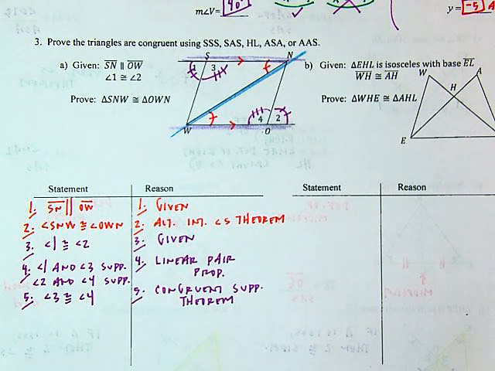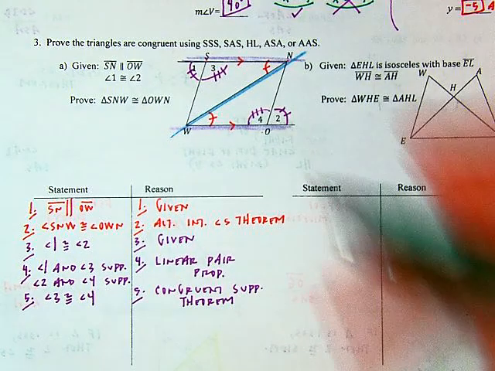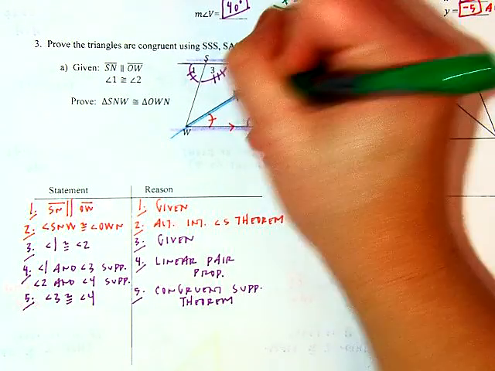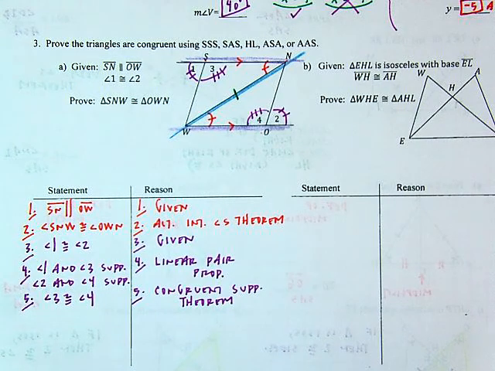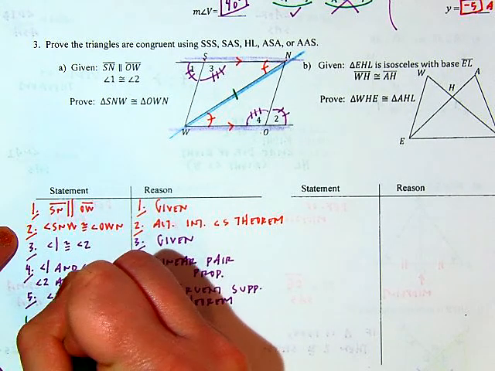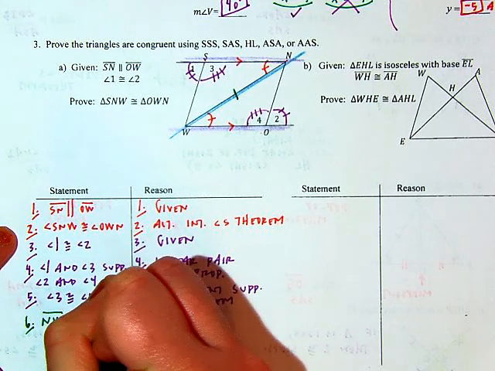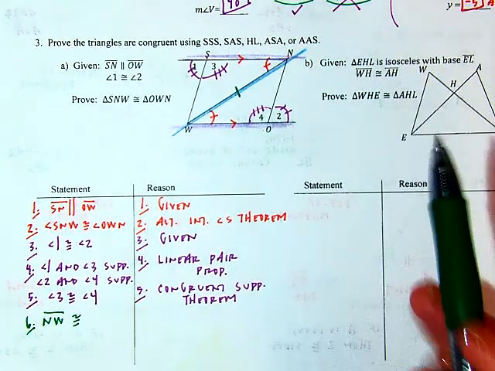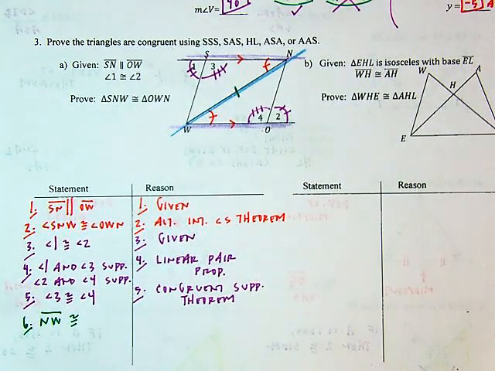I need a pair of sides. What's the most common pair of sides that we use? That's the shared side. We use this information right there. Reflexive property. So here if I say NW for one of the triangles, let me say I'm talking about the one on top.